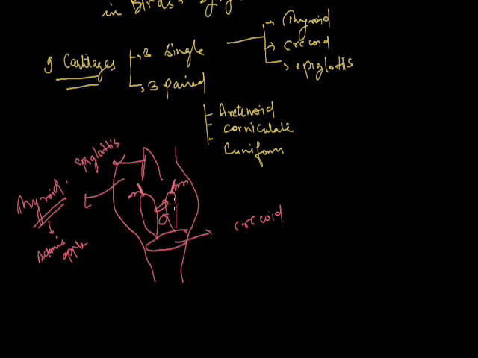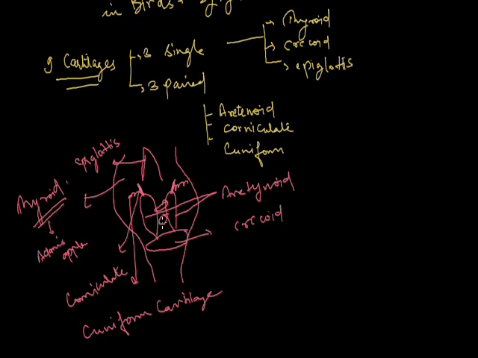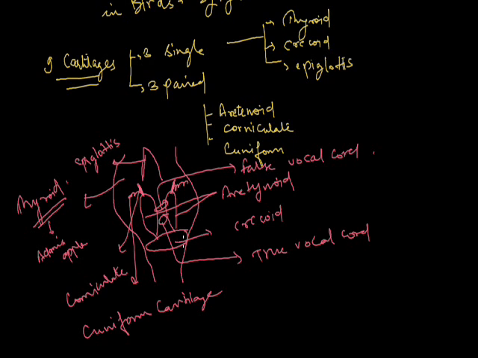Among the paired cartilages, these two are the arytenoid cartilages, these two are the corniculate cartilages, and these two are the cuneiform cartilages. In between, you can see this one is the true vocal cord, and this upper one is the false vocal cord.